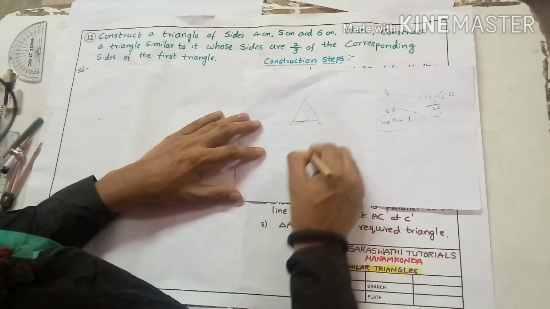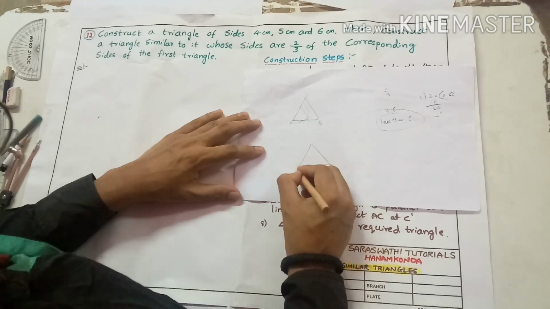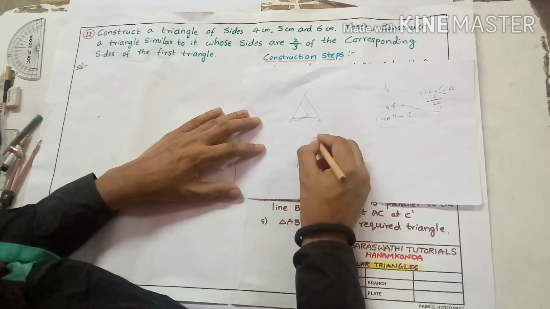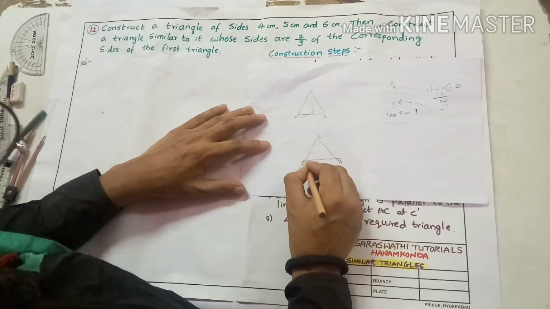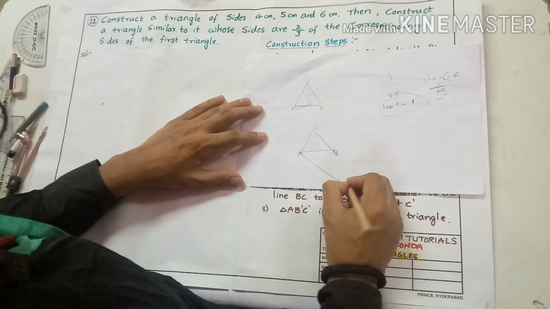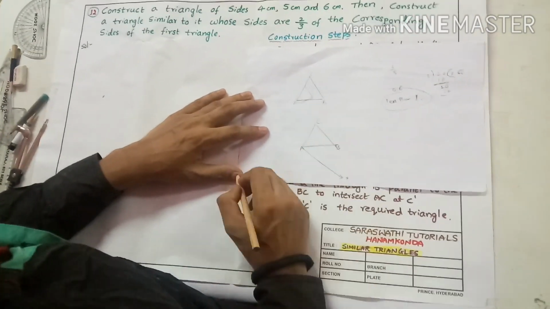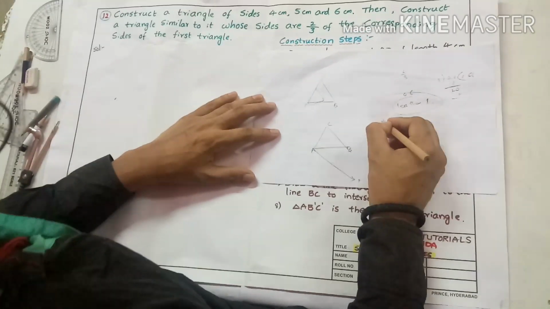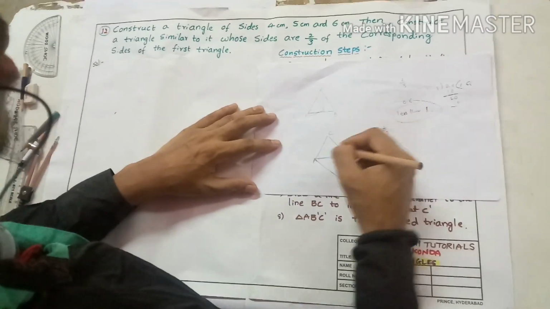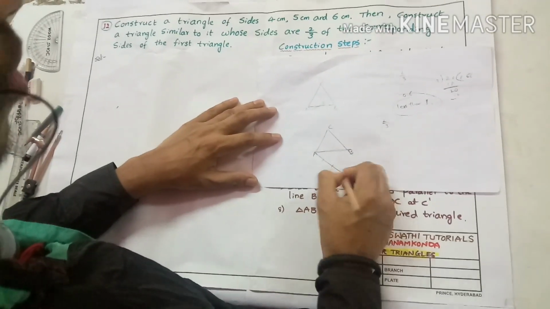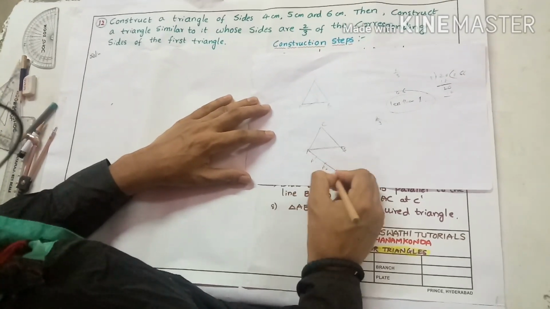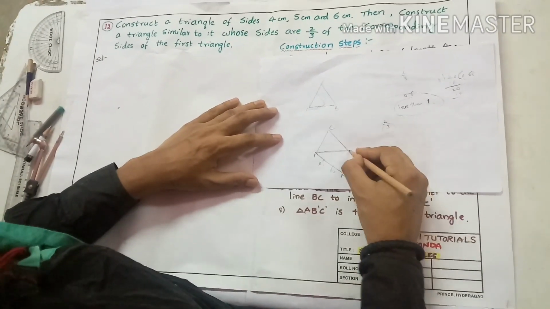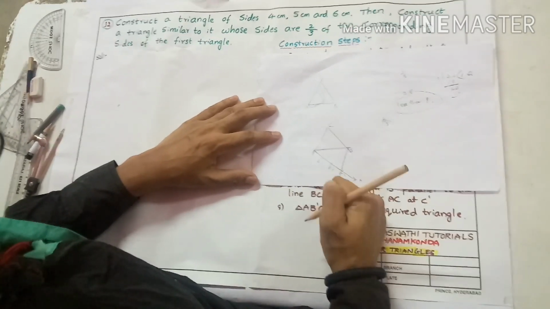So the first step is to draw a triangle with the given dimensions. Next, draw a ray AX making an acute angle with AB. Since the ratio is 2/3, the greater value is 3, so we mark 3 equal points A1, A2 and A3. Now join A3B.